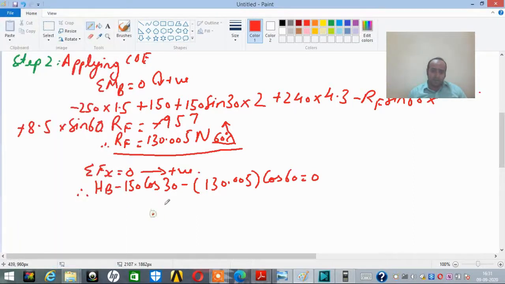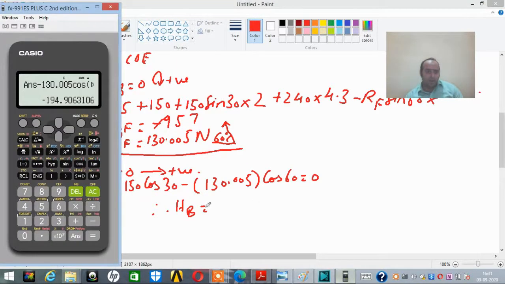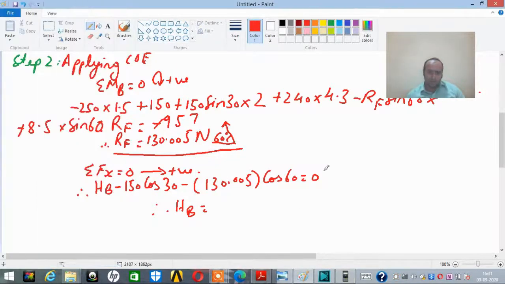Therefore, if I take it on the other side of equal to, HB is equal to 194.906 Newton. 194.906 Newton acting towards right side. Yes, the value is absolutely correct.